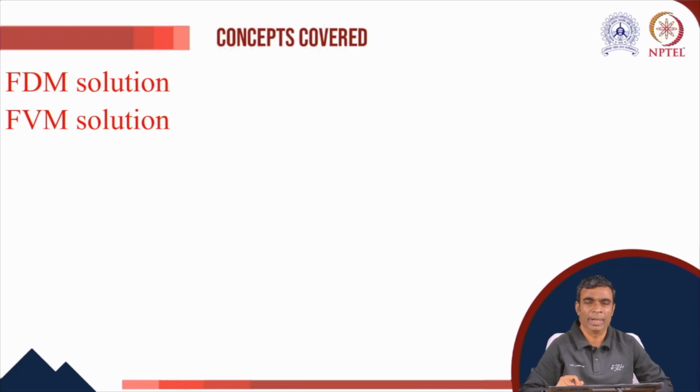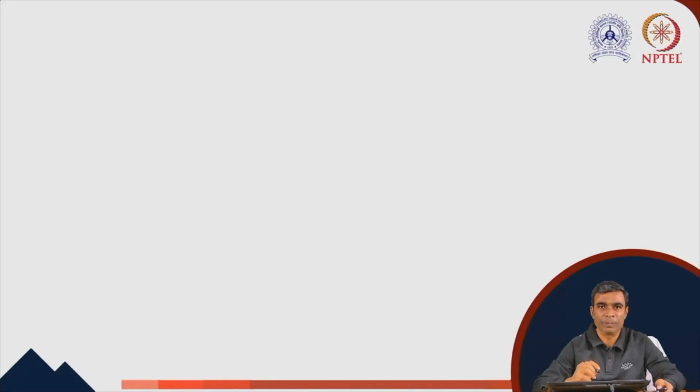In the next lecture, we shall solve this same problem using the Galerkin finite element approximation using two noded or linear bar elements. Now, we shall show the comparison of analytical and numerical solutions of one-dimensional heat conduction problem.